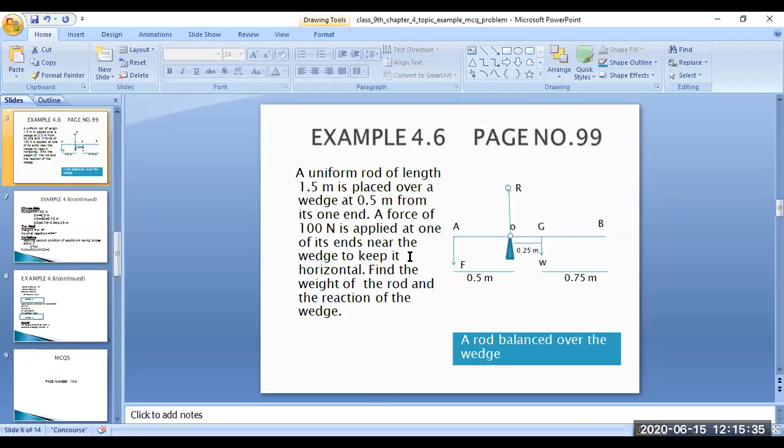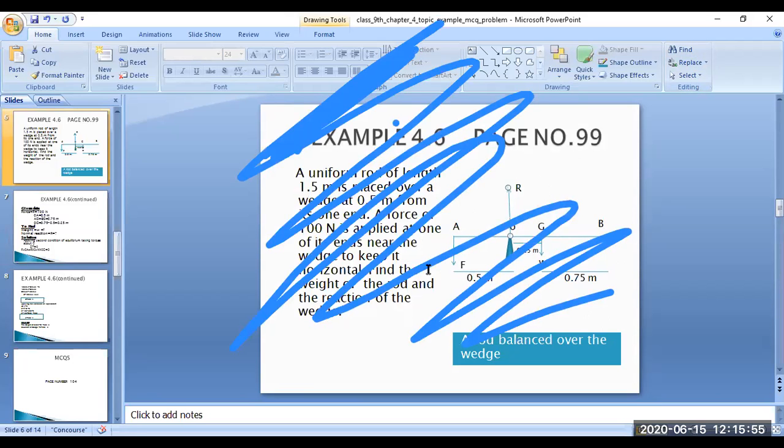So the sum of the torques moving the body clockwise equals the sum of the torques moving the body anti-clockwise. First of all, I will take the sign convention, because this force will move the body in anti-clockwise direction, and this force is moving the body in anti-clockwise direction.